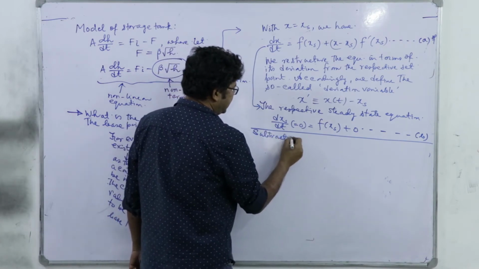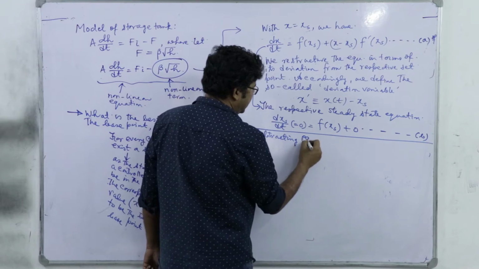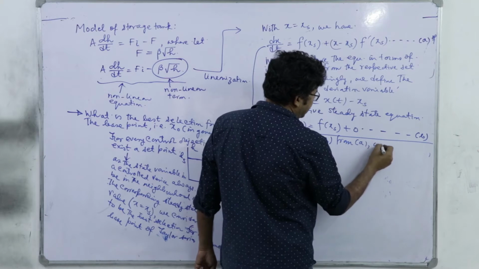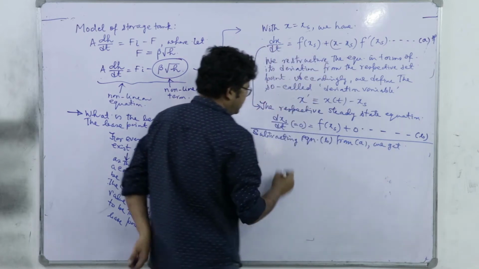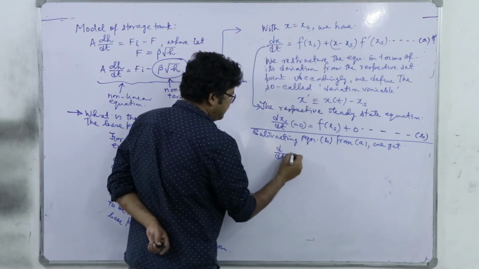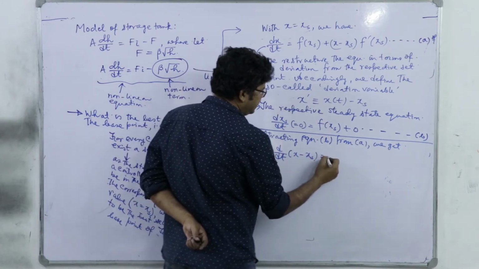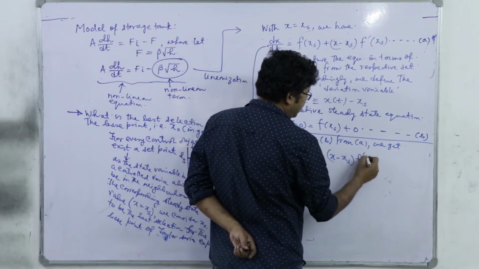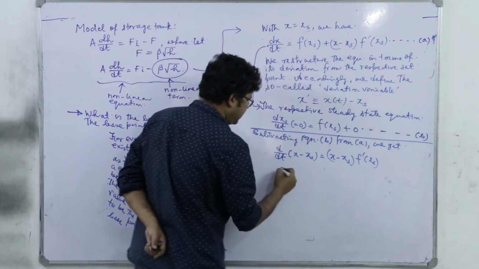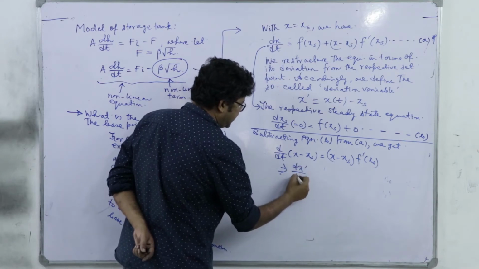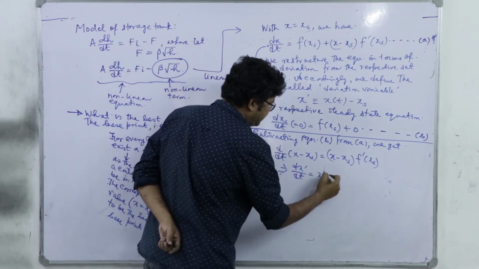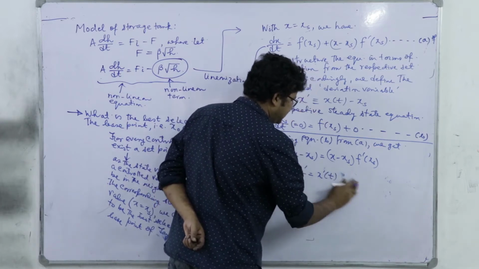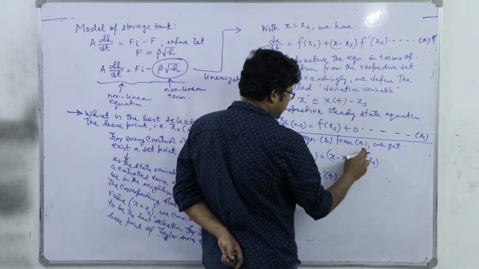So subtracting equation B from A, we obtain d/dt of (x minus xs) is equal to (x minus xs) into f prime of xs, that is dx prime/dt is equal to x prime into df/dx at xs.